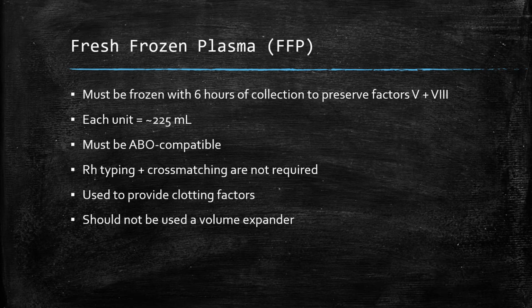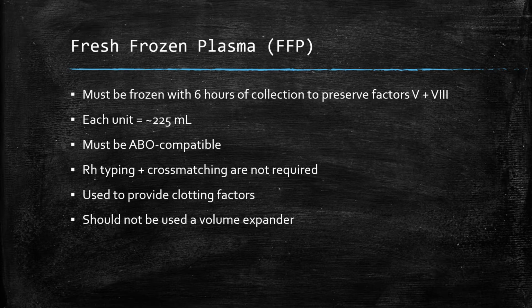The plasma from each donated unit of blood must be frozen within 6 hours of collection. This is necessary to preserve the function of factors 5 and 8, which are sometimes referred to as the labile factors. Each unit of FFP comes in a volume of 225 mLs.